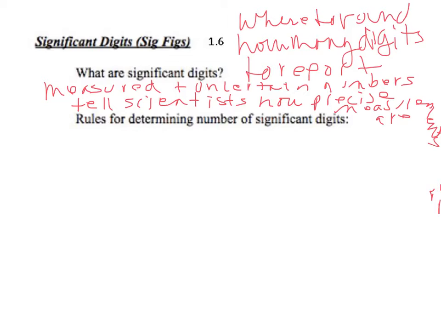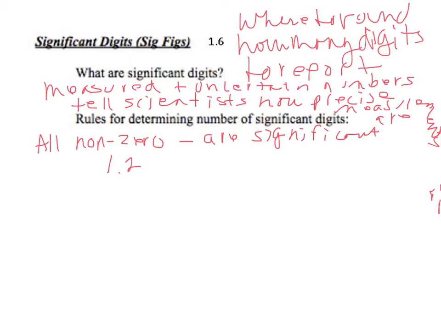Okay, so what are the rules? So first of all, non-zero digits are significant. So what that means is if I have a number 1.32375, all of these are significant.